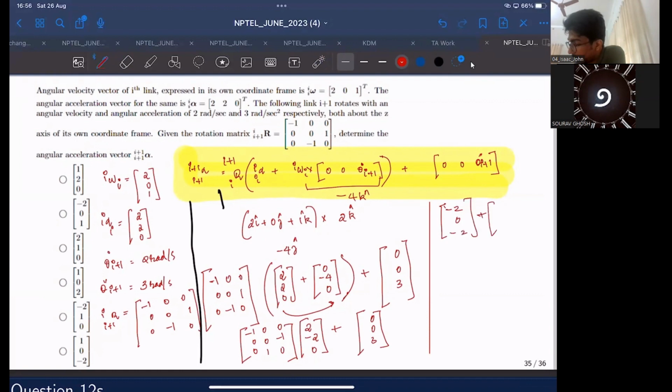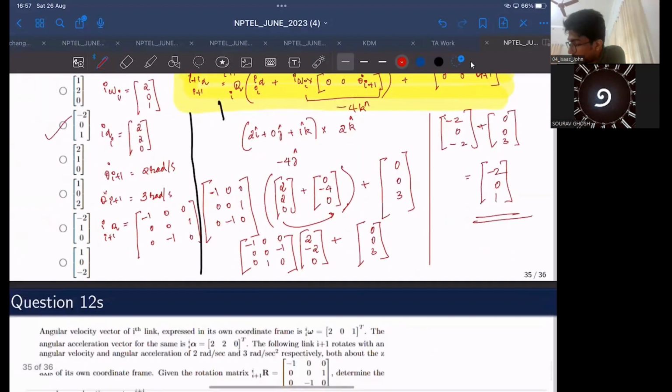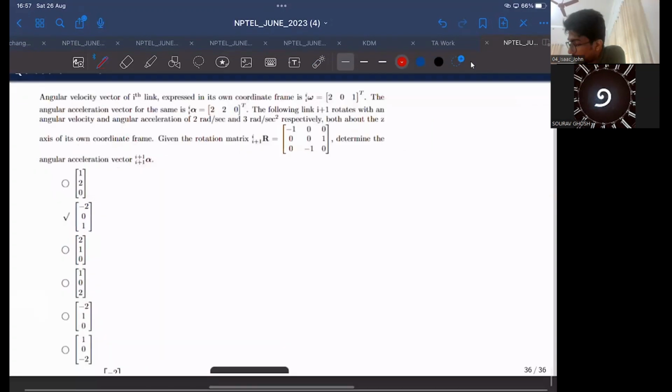Then added with 0, 0, 3, this would be minus 2, 0, 1. This would be your final answer. So the correct option is option E, option 5, minus 2, sorry. I guess the correct answer is minus 2, 0, 1, option B. All right, yes, that is indeed the answer.